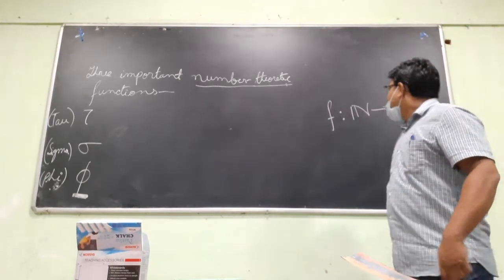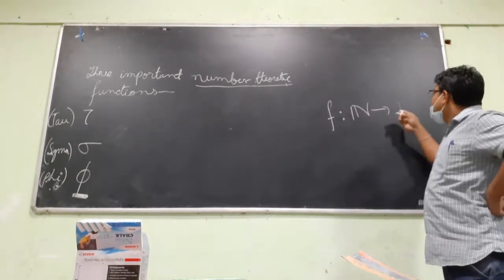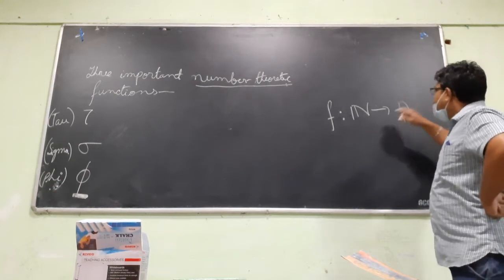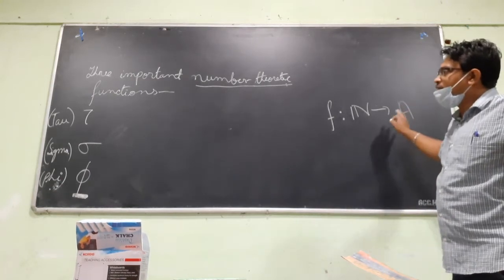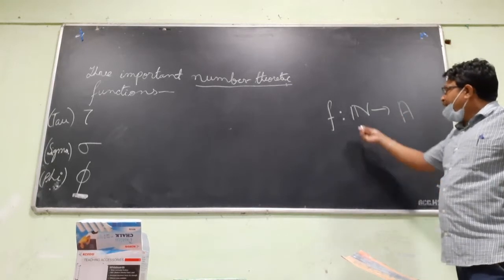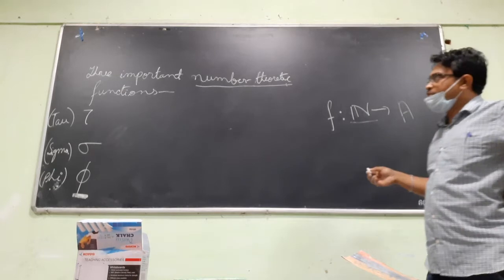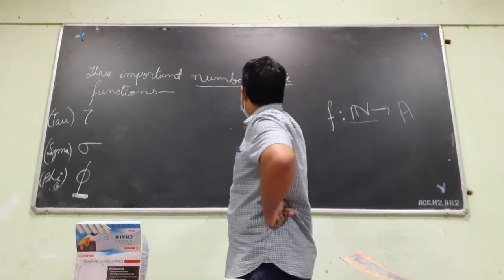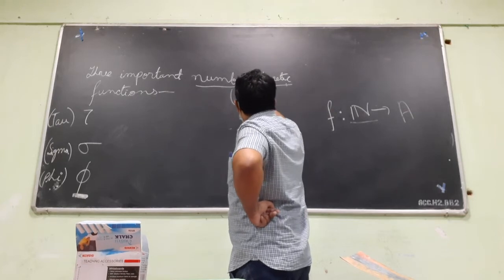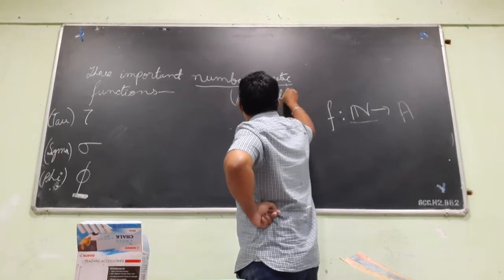So any function whose domain is the set of natural numbers, the codomain may be anything you would like, means real numbers. So functions defined on the set of positive integers are called number theoretic, or this has got another name. This is called arithmetic.